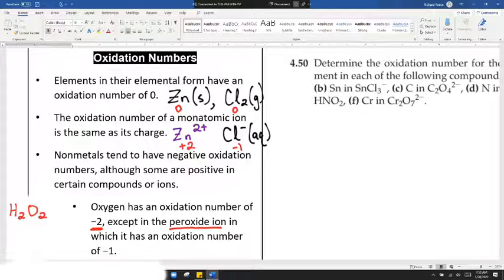In that case, oxygen's oxidation number, what we used to call charge, is actually -1, and there are 2 of them. There are also 2 hydrogens, which we know are probably +1, they are. So that's kind of unusual, that in hydrogen peroxide, instead of being -2, the oxygen has a -1 oxidation number. And there are just a few other peroxides that exist.